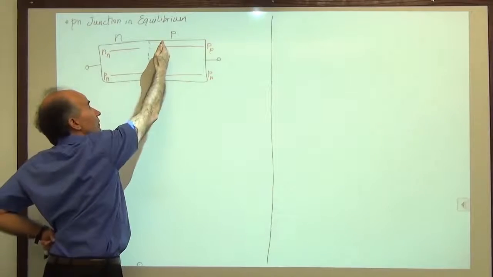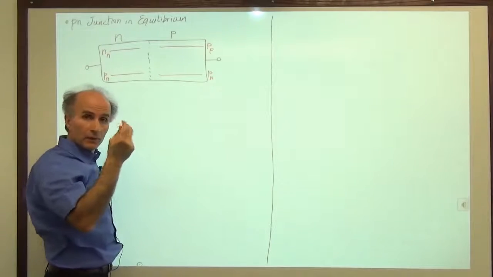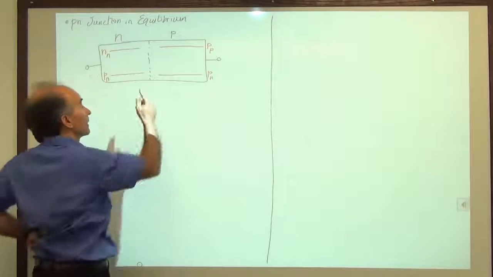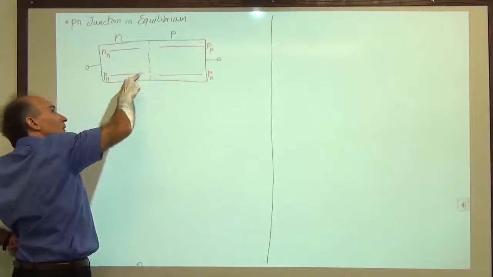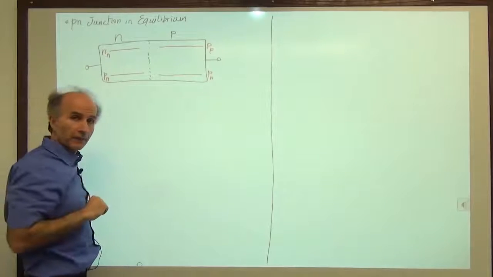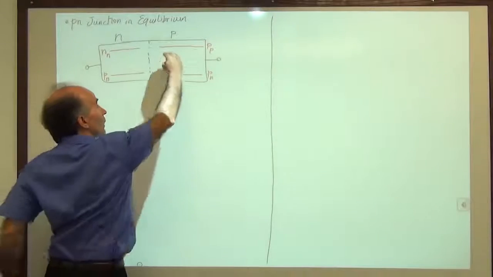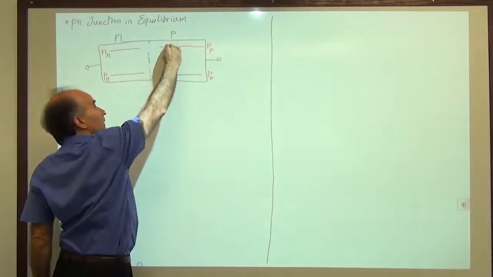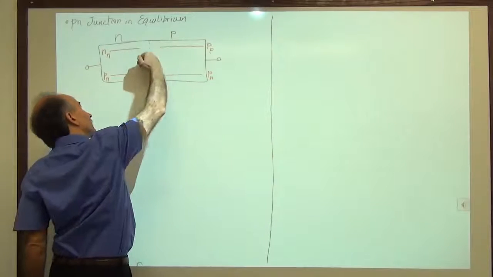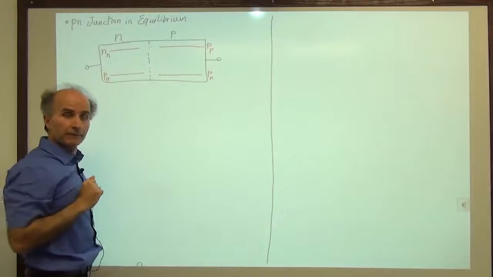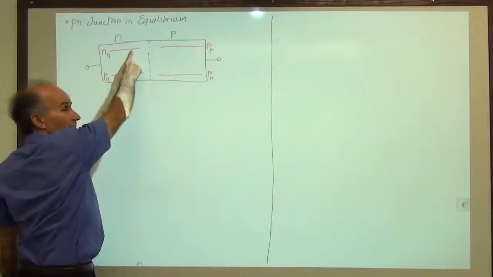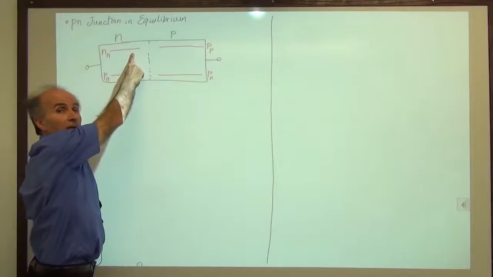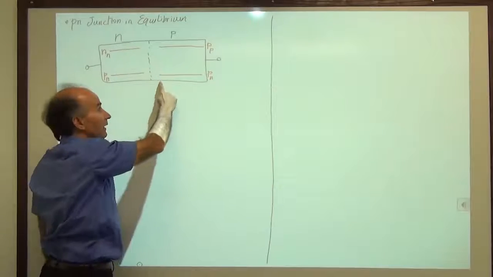We have a high concentration of some particular particle and some low concentration of the same particle. So the particles prefer to go to the low concentration area. So holes, which are majority carriers on the right, begin to roll down the gradient and go to the left. Similarly, electrons, which are majority carriers in the n-type material, begin to roll down this gradient and go to the right.